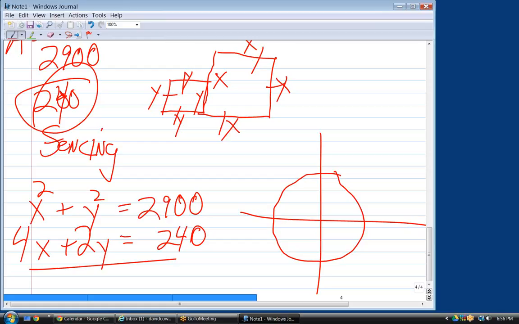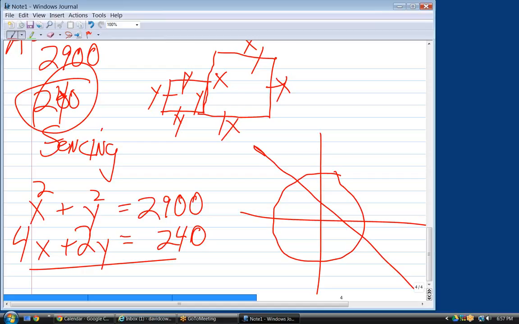A line. With a negative slope going through an x-intercept of 120. Now, let's see. Is the square root of 2,900 greater or less than 120? Greater. Okay, so that line must do something like that. Right?